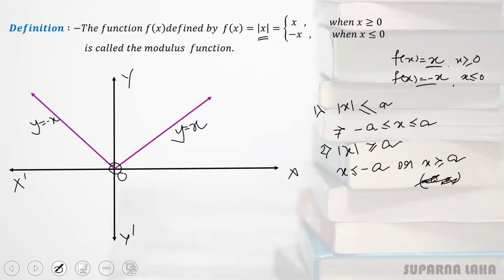Okay, next, moving to this third point, a similar thing we can define for less than and greater than signs, as we are defining less than or equal to or greater than or equal to.